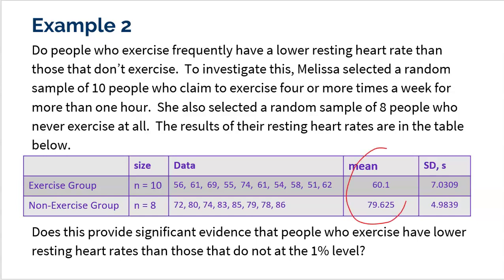So just kind of looking at the means right now, it does seem that the exercise group is roughly 19 beats per minute lower. Now, is that a significant difference? Well, that is what we're going to try to figure out. So does this data provide significant evidence that people who exercise have lower resting heart rates? And they want me to use an alpha, a significance level of 1%.